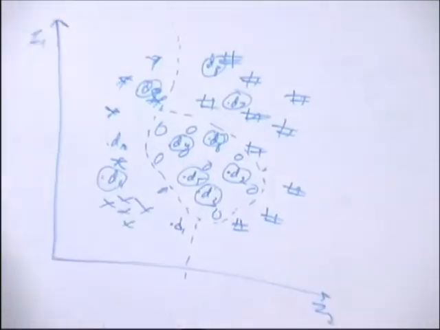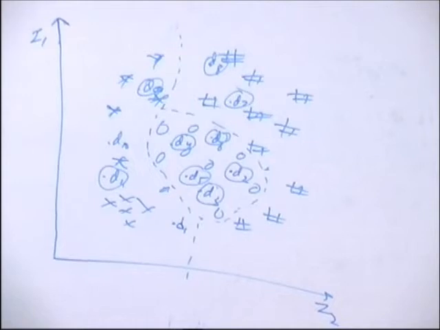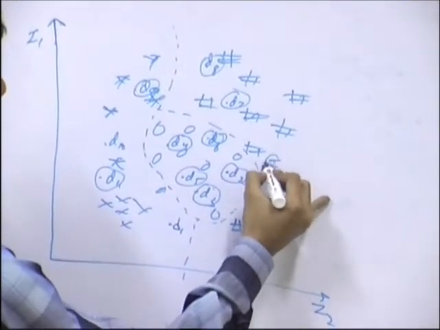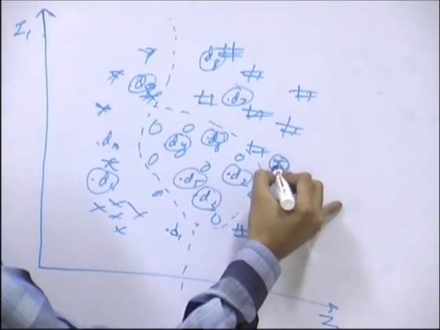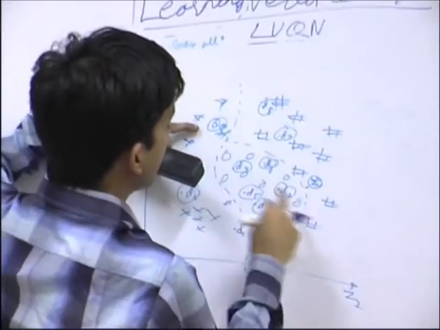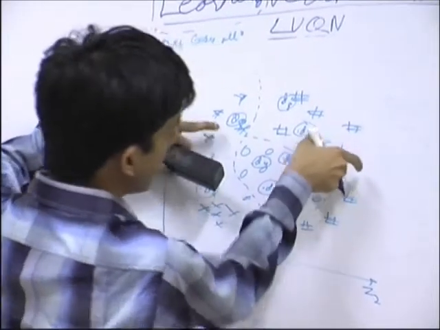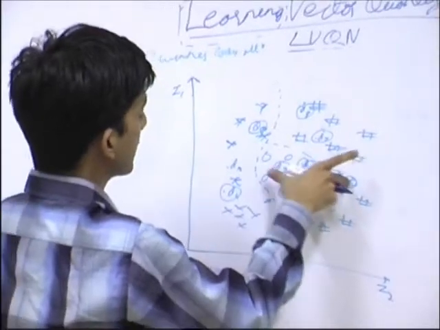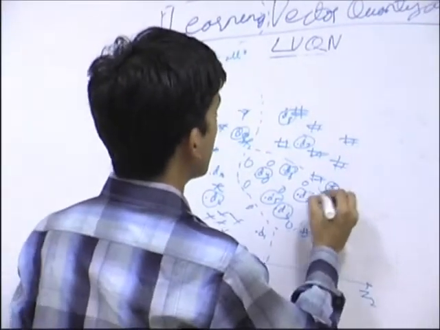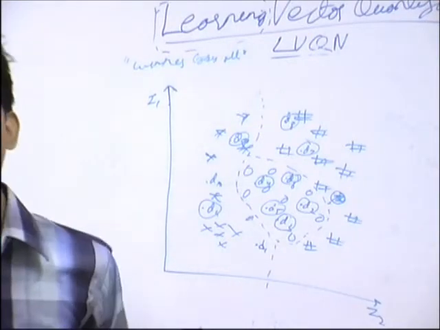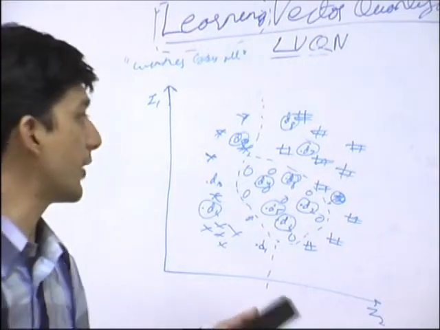So the thing is that whenever I apply an input I, let me say over here, all these data centers calculate their distances. So this distance will be calculated, this will be the distance calculated, this and this. And this was I. The neuron having the least distance wins.